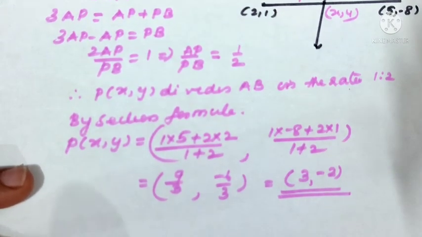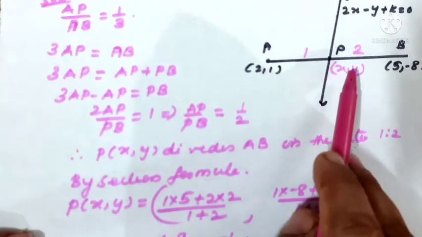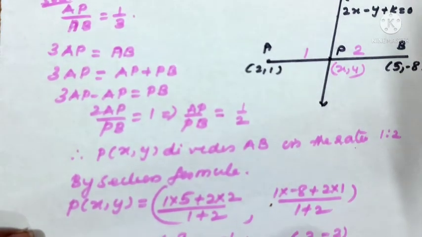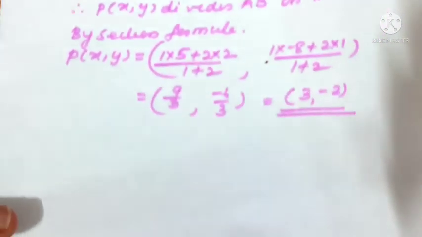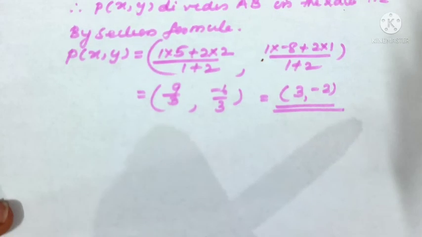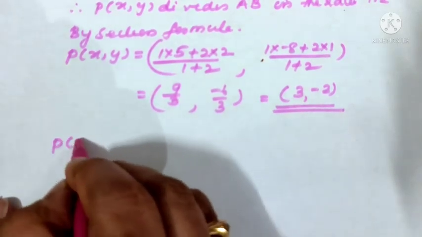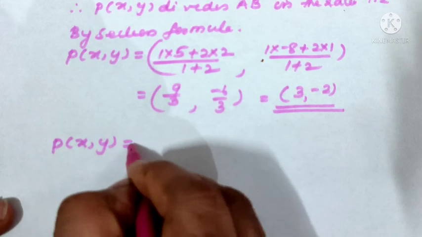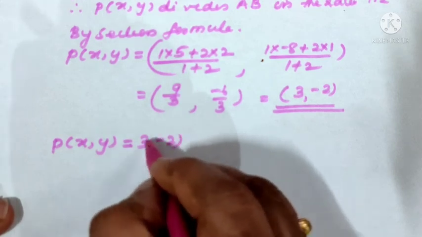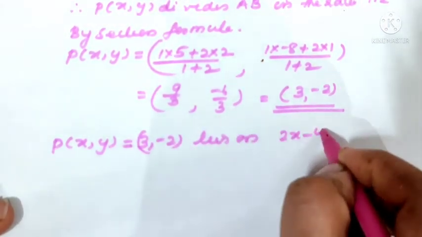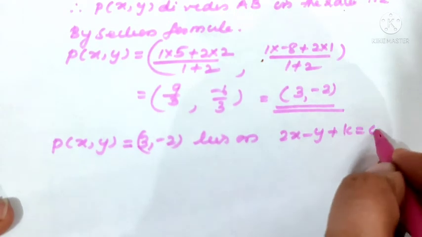Now what is the next step? P (3, -2) is a point on this line, so it is a solution also. So we can put x equal to 3 and y equal to -2 in the given equation. P(x, y) equals (3, -2) lies on 2x minus y plus k equals 0.